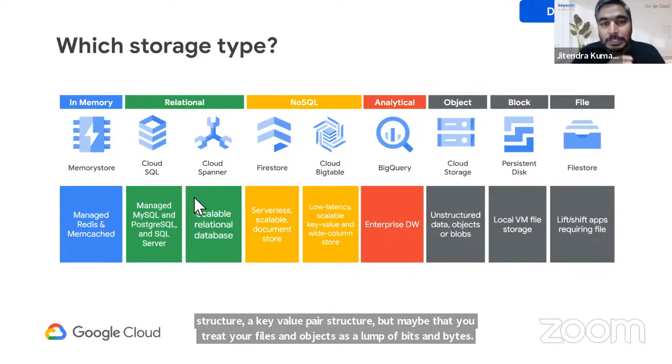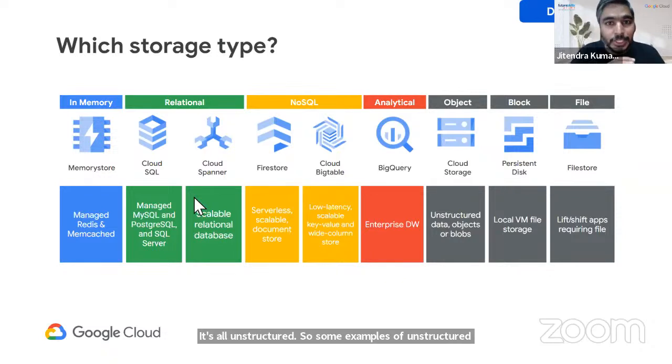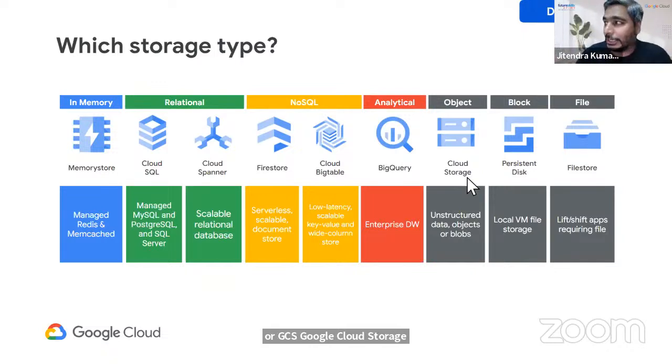Some examples of unstructured data: your videos, your images, your text files, your backup copies. So Google gives us a very relevant service for the same, which is the object storage service called Cloud Storage, or GCS, Google Cloud Storage. That's basically for unstructured data.